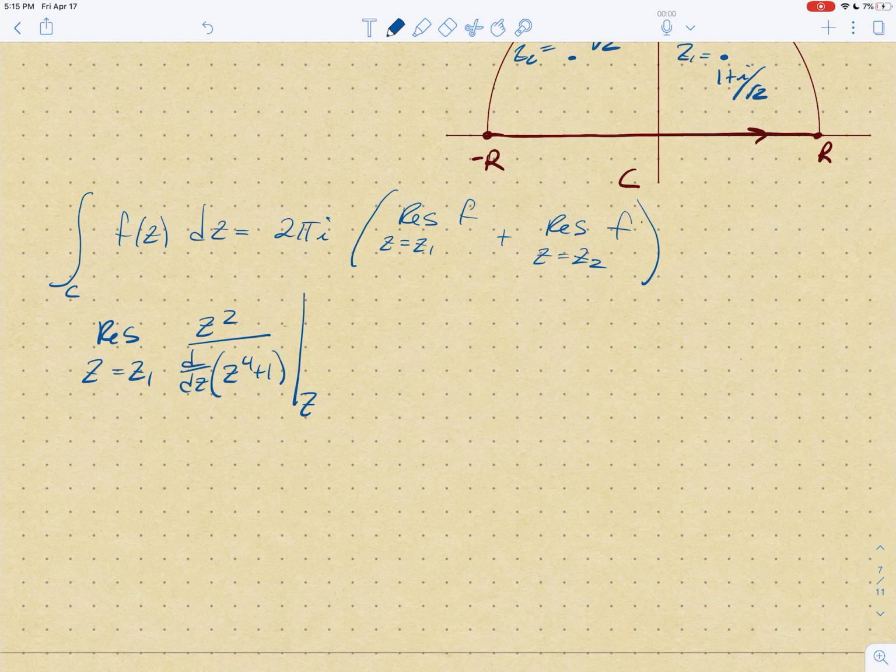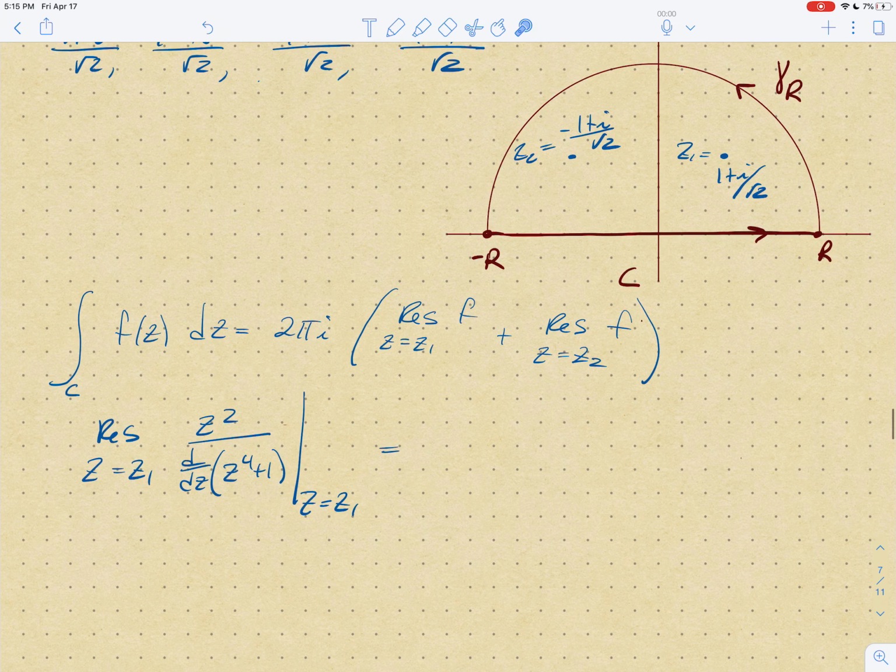And then you need to plug z equals z1 into the whole thing. So you're plugging z equals z1 into the numerator over the derivative of the denominator. And this works, by the way, because when you plug in z1 upstairs, you don't get 0. When you plug in z1 downstairs, you do get 0, but when you plug z1 into the derivative, you're not going to get 0. Please check all of that.